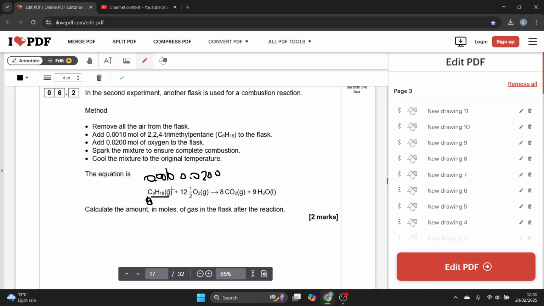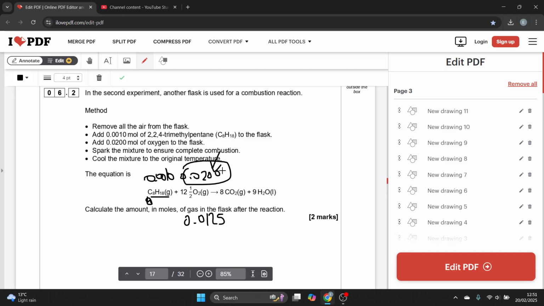So I know it's a 1 to 12.5 mole ratio. So if I do 0.00100 times 12.5, I actually get 0.0125. So that tells me, well, this is how much I used.